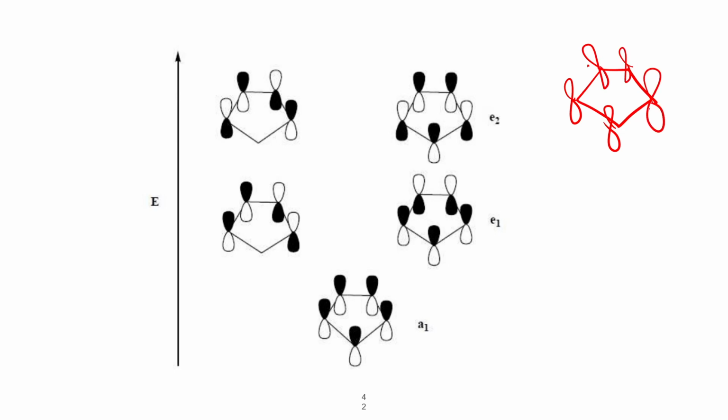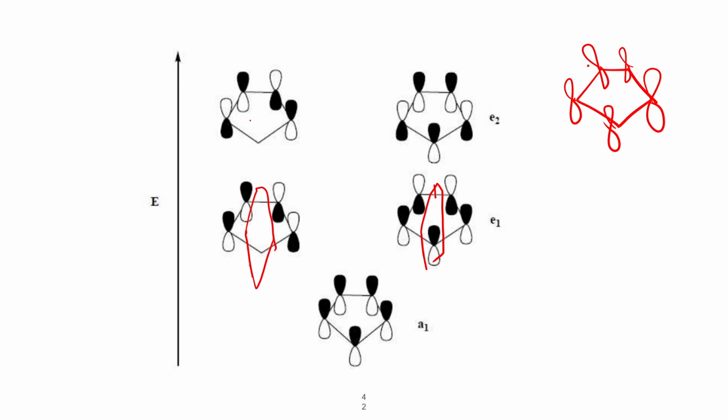For this case, there is no node or nodal plane; it is A1. Now these two structures have two nodal points and one nodal plane. So this one and this one: two nodal points and one nodal plane.